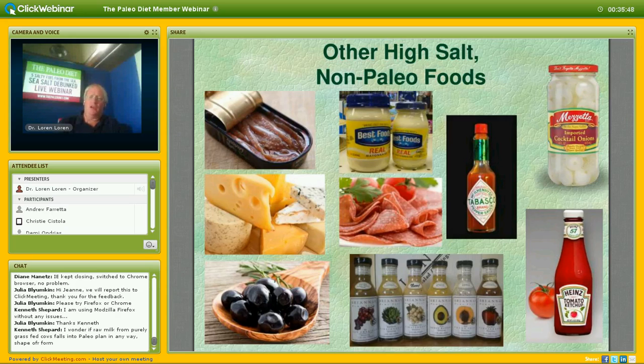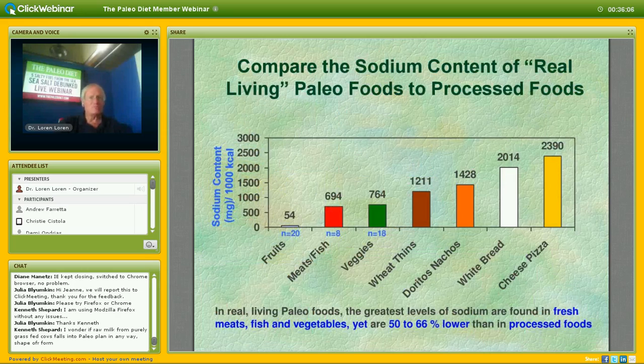Similarly, it's an unusual commercial salad dressing that is not made with salt, and once again, I have numerous recipes in my books on how to make very delicious salad dressings that don't have salt or refined sugar in them.